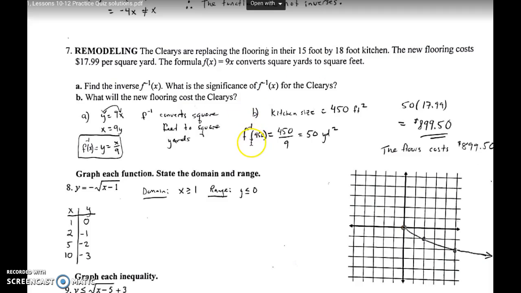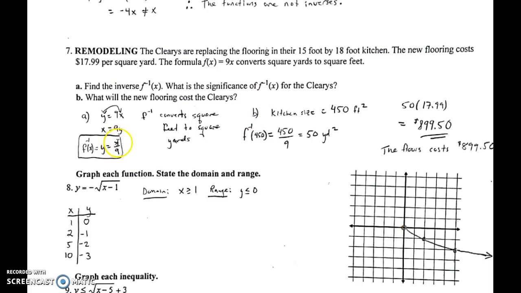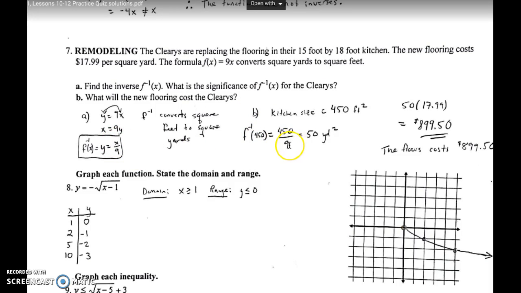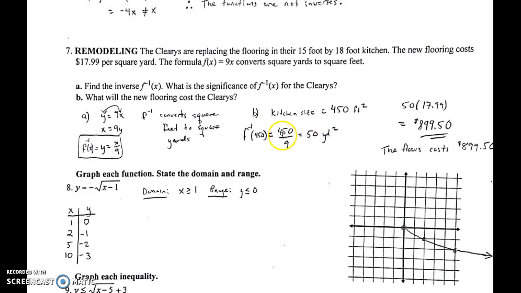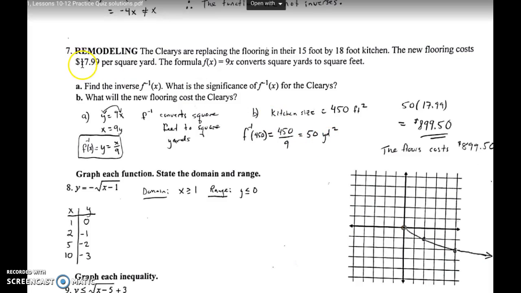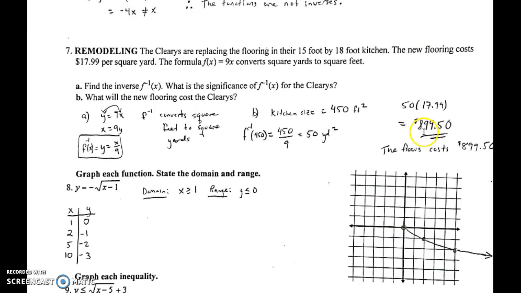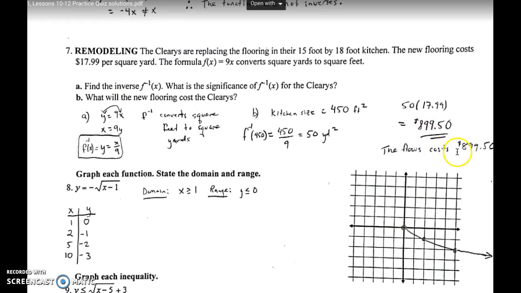And my formula says that I take the amount of square feet and I divide it by 9 to get the amount of square yards. So 450 divided by 9 is 50 square yards. And the flooring costs $17.99 per square yard. So I just multiplied 50 by $17.99 and I got $899.50. So the flooring cost the Clearys $899.50.